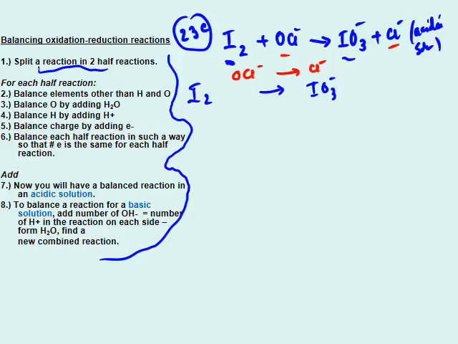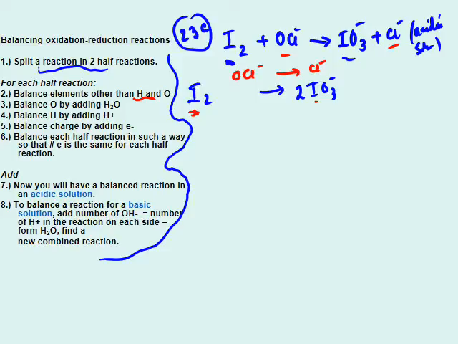Okay, now I'm going to balance each half reaction. Let's begin with this half reaction with iodine. So balance the element other than hydrogen and oxygen. I have two iodine on the left side and only one iodine on the right side. So how do I balance it? I must have 2 in front of IO3 minus, so that makes it 2 iodine.